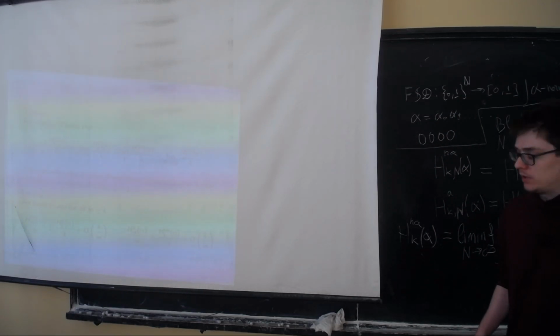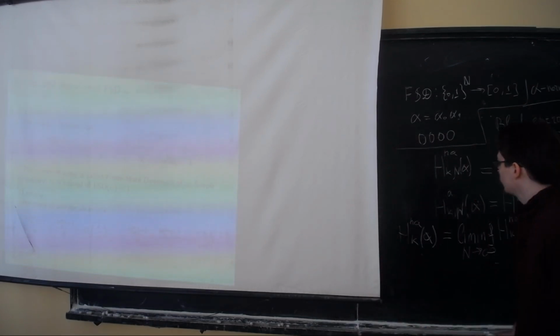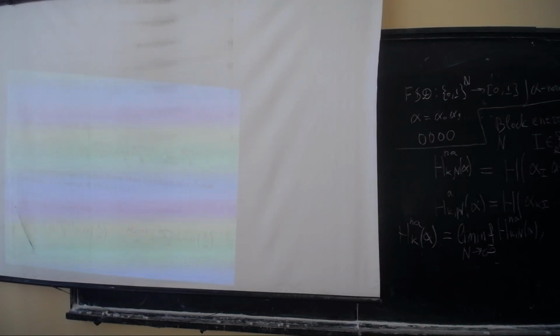First of all, I can now give a definition of a finite state dimension. In the literature, for example, one of the definitions that were known is the following one.